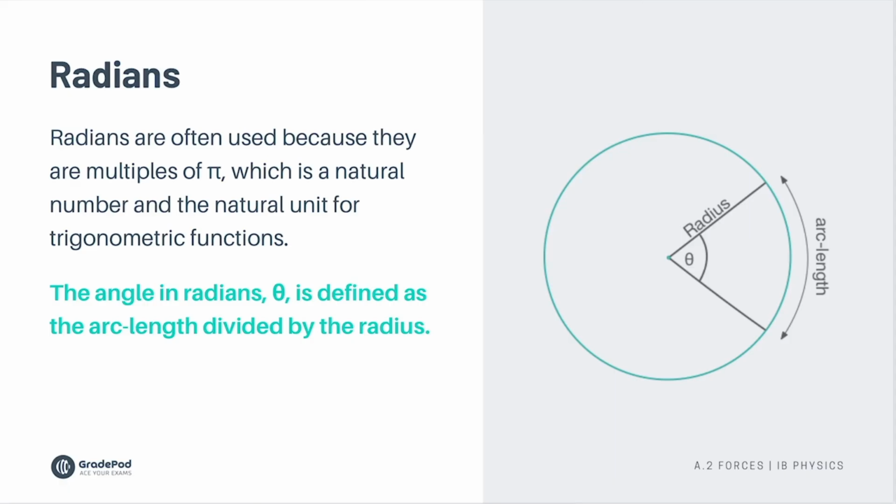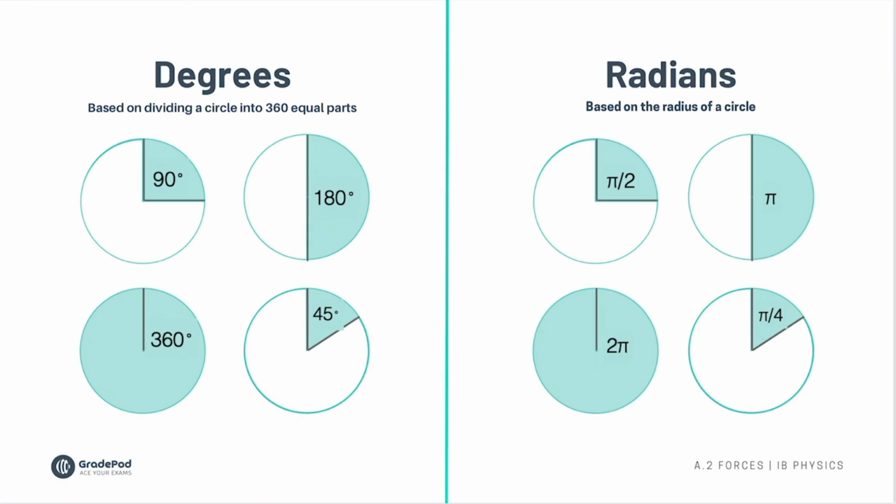And the angle in radians is defined as the arc length divided by the radius. So you can see the arc length is here, divided by the radius, which is here. And if we compare it with degrees, degrees is based on dividing a circle into 360 equal parts, whereas radians is only based on the radius of the circle.